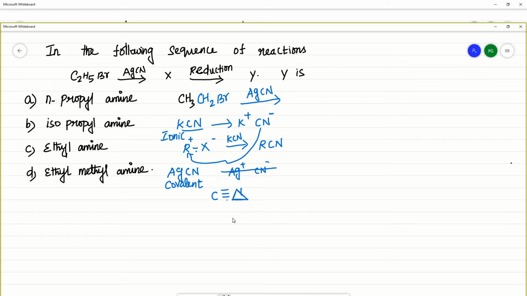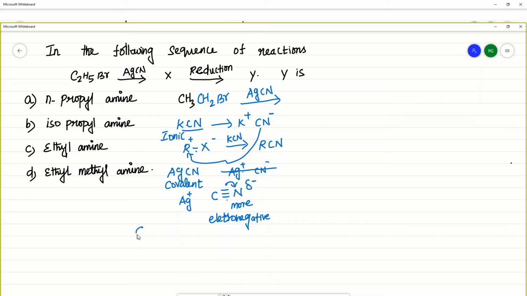So there will be pulling of electrons and N gets a partial negative charge. Then Ag will be getting a positive charge.